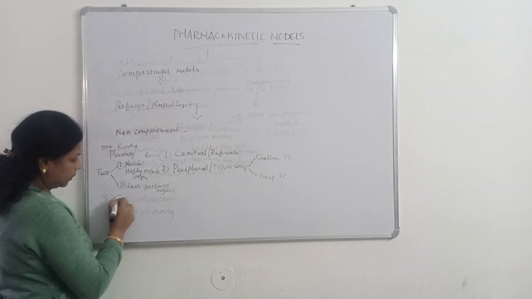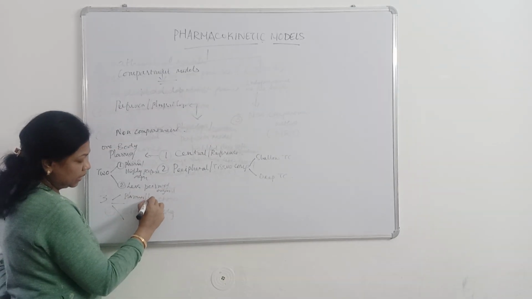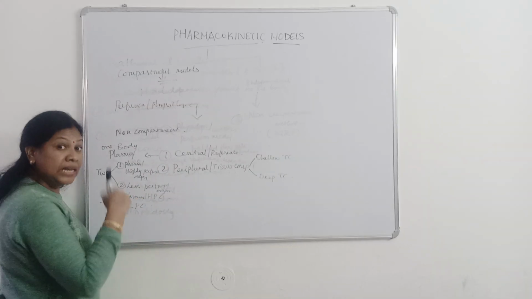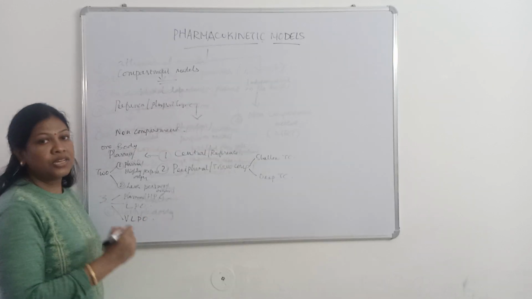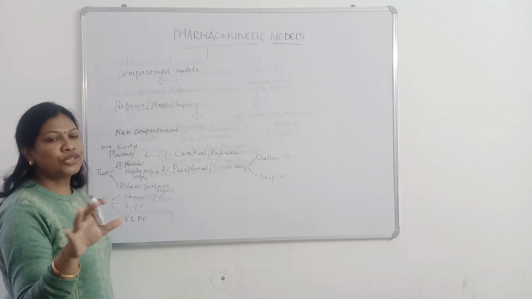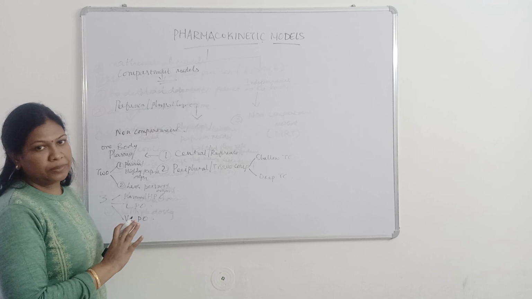Whereas in the three compartment model, first, of course, it will be plasma and highly perfused organs, and second will be less perfused organs. The deep tissue compartment will have very less perfused organs. There are some organs which have less blood flow, so those will be in the third compartment in case of the three compartment model.